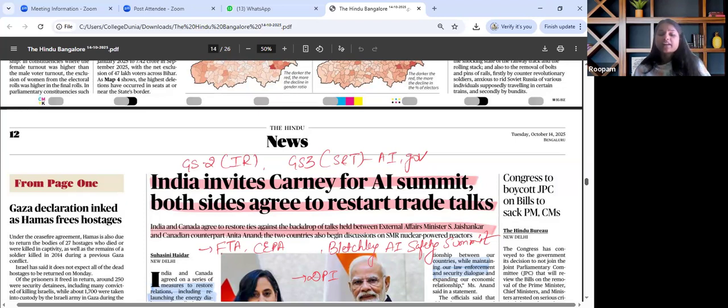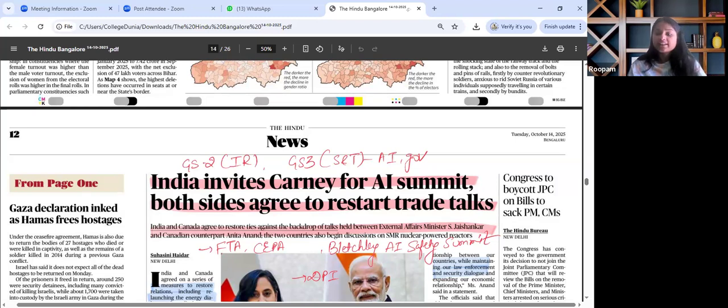From a prelims perspective, I have already written it over here: the Bletchley AI Safety Summit background, what it is meant for, which dimensions it covers, and who the members are. We need to know about this. AI in the G20 and the Global Partnership on AI can be interlinked. So this is how this particular article is to be seen.